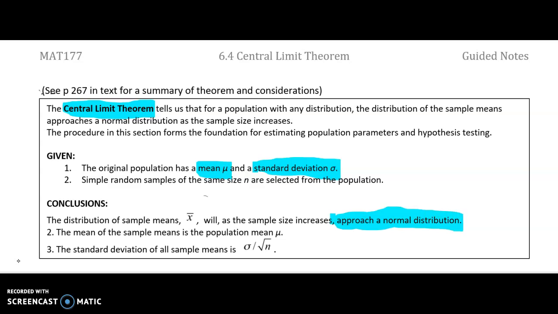The mean of the sample means is the population mean, because remember, the mean of the sample means targets the population mean as you do more and more samples. The standard deviation of the sample mean doesn't target, but what we say is that it's sigma over the square root of n.